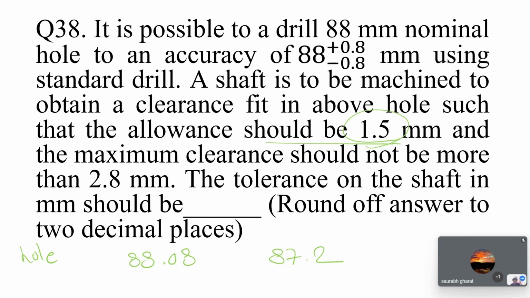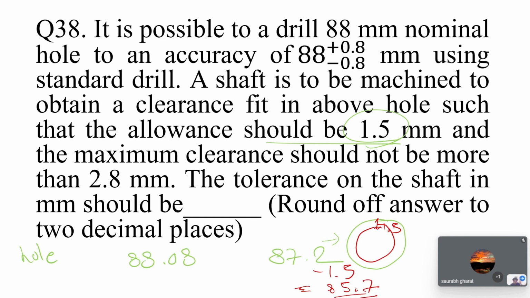So this is your minimum hole, and the clearance width that you have is 1.5. You have to subtract 1.5 from this part. So what you get here is 85.7. Just write it correctly, 85.7. This will be the answer.